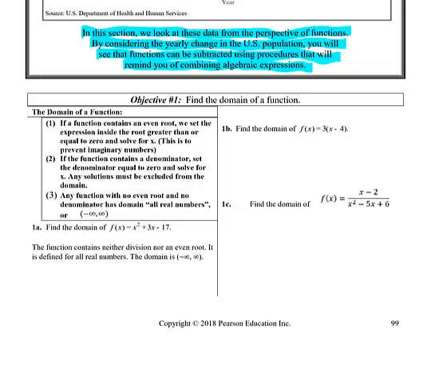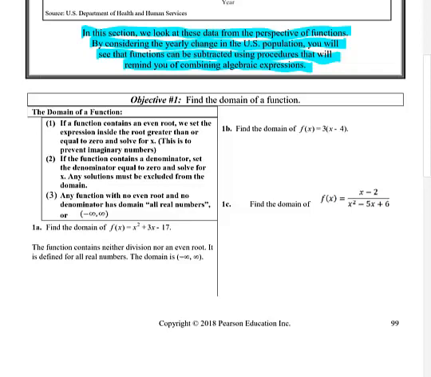Revenue is how much you make from the items that you built or had built in a factory. But that's not really how much money you're making, because it costs you a lot to make those objects. So if you want to know your profit, it's the revenue, how much you made from the items, minus the cost. That would be how much you're actually profiting. So if you had a function that represented the cost and a function that represented your revenue, you would subtract them to find the profit, and that would be a new function.